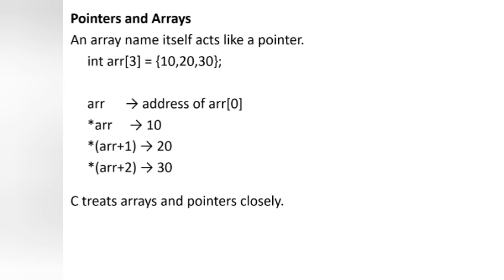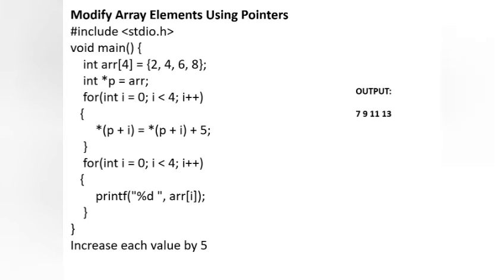So here we have an example. An integer array of size 3 is declared with 3 elements 10, 20, 30. If you write pointer equal to ARR, it is automatically understood and whatever the base address of the array is will be assigned to the pointer.